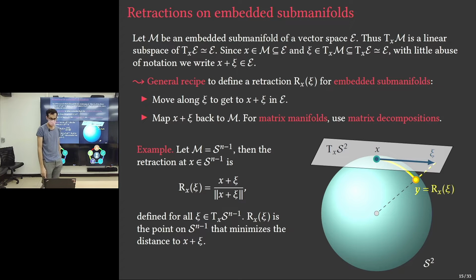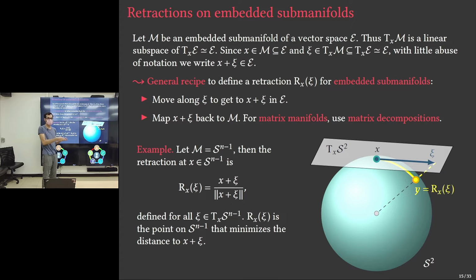Specifically for embedded submanifolds, there is a general recipe for constructing a retraction. This is due to the fact that the manifold is embedded in Euclidean space.